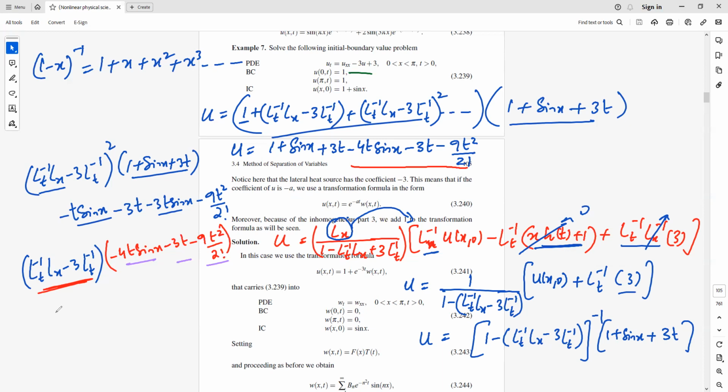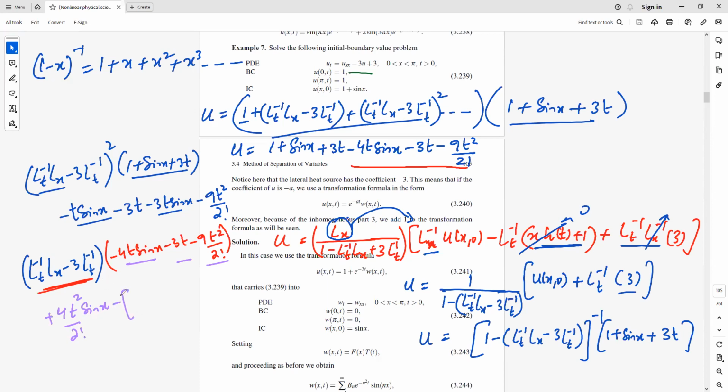Therefore we are going to get negative 4t, okay, this will be positive now, sine x times t, okay, this will be integrated again with respect to t. So here we get t squared over 2 factorial, and then we apply this term negative 3 LT inverse.